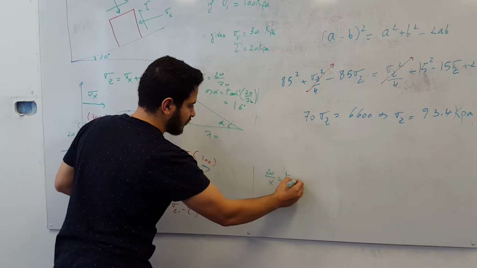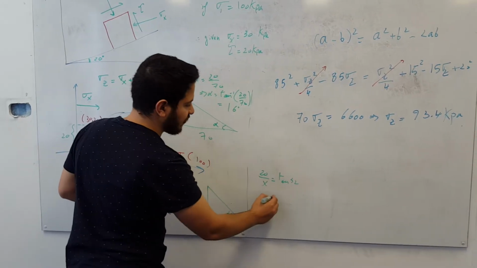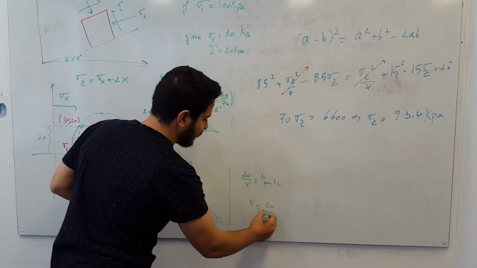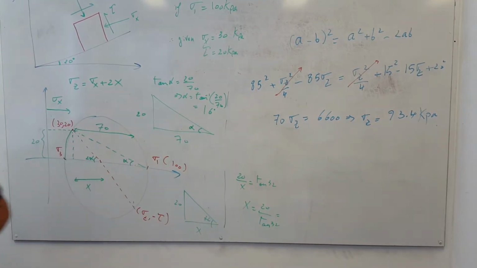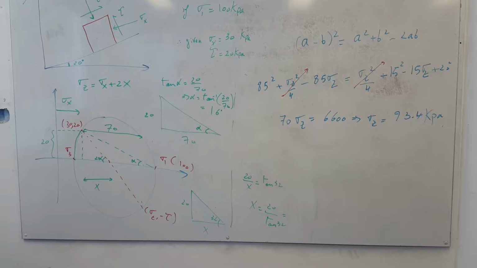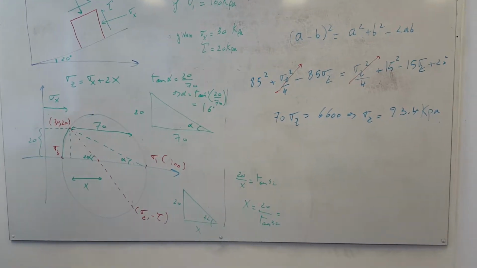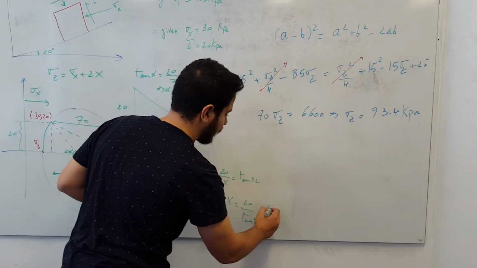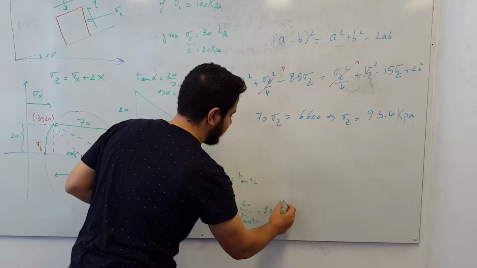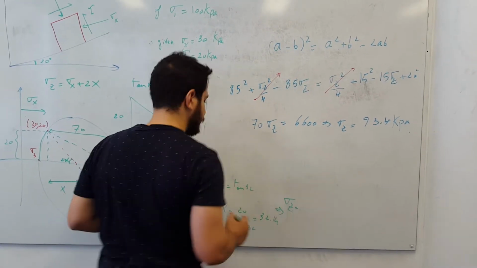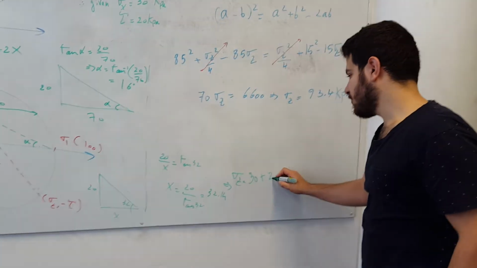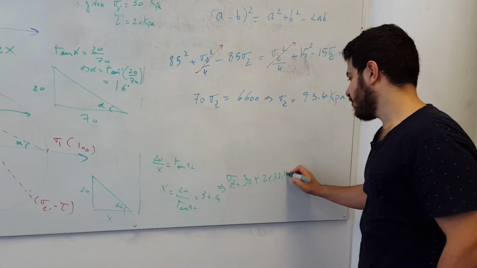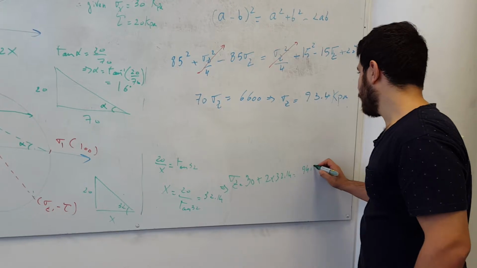Therefore x equals 20 over tan 32, which is 32.01, right? Then I can say sigma z equals sigma x, which is 30, plus 2 times 32, which is 94.3, 93.4.